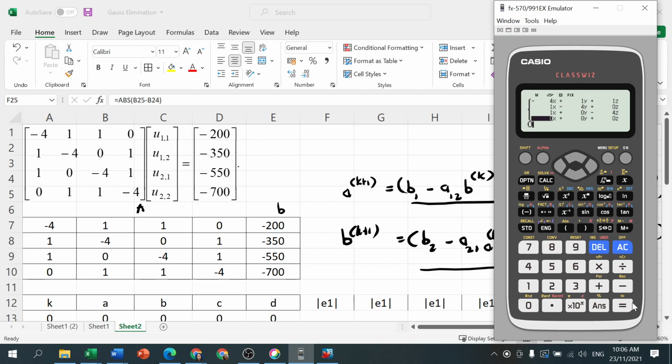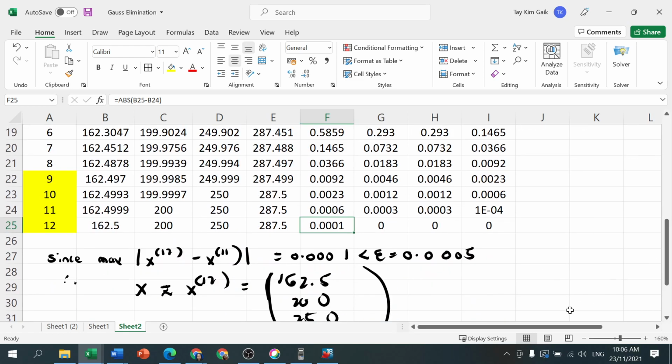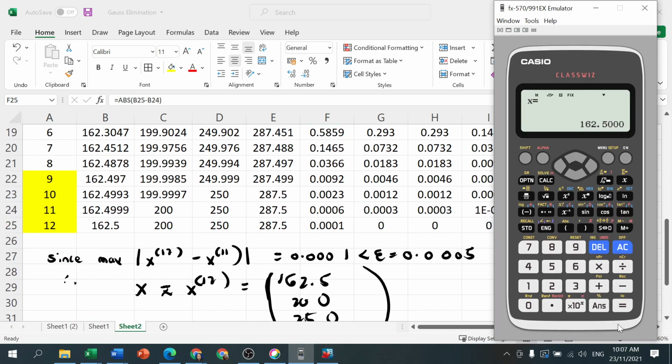Then 0, 1, 1, -4, -700. Check, is it the same, if I keyed in correctly? 162.5, 200, 250, 287.5.